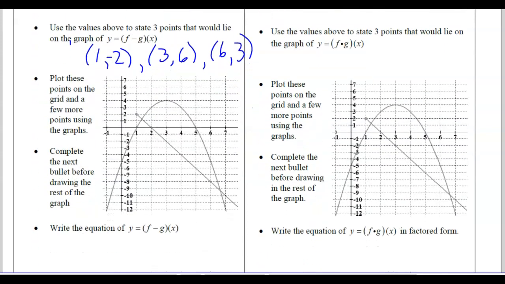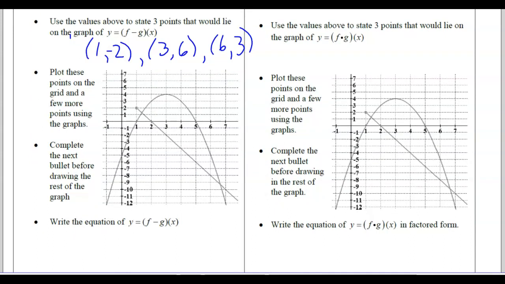Plot these points on the grid and a few more. So 1, negative 2, sorry, I'm a little bit off, 3, 6, there we go, and 6, 3.